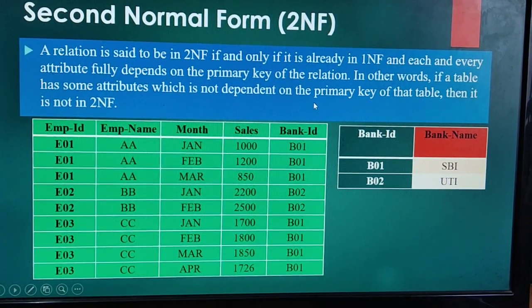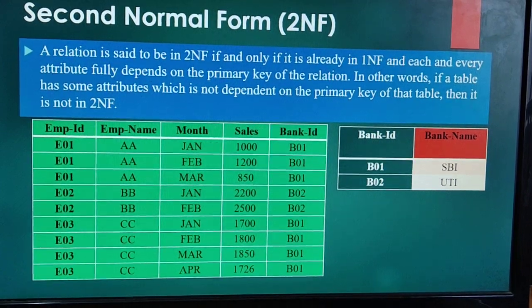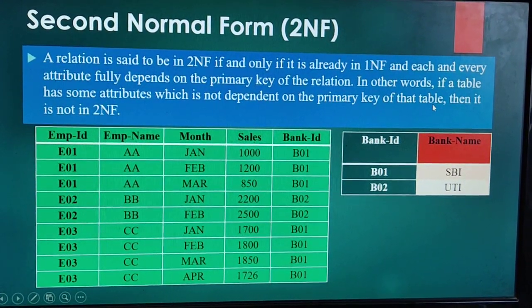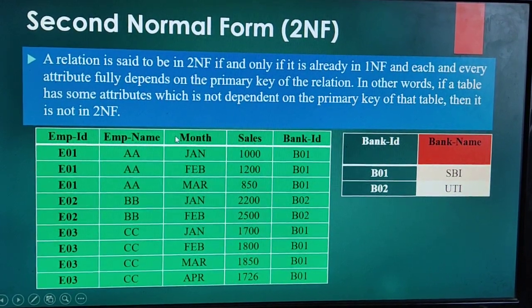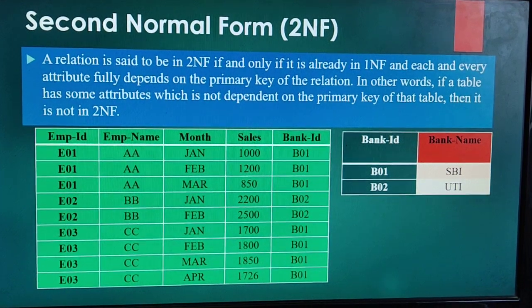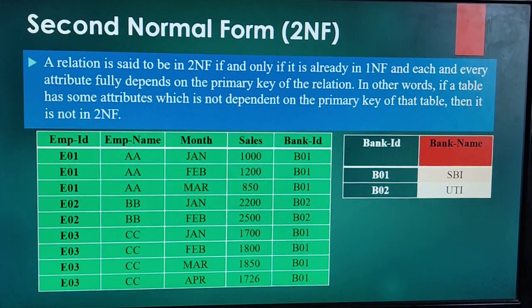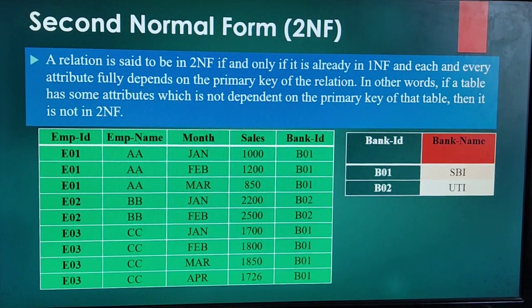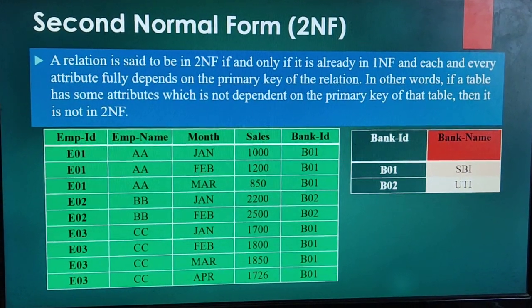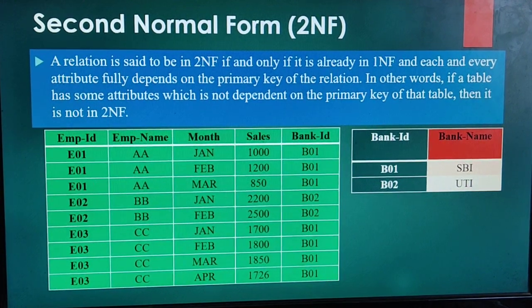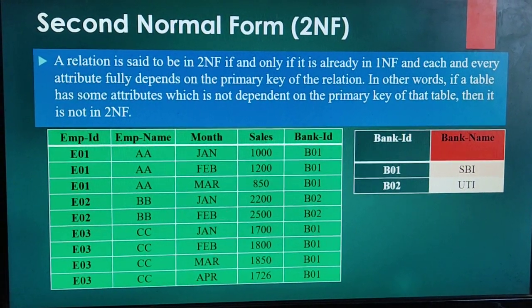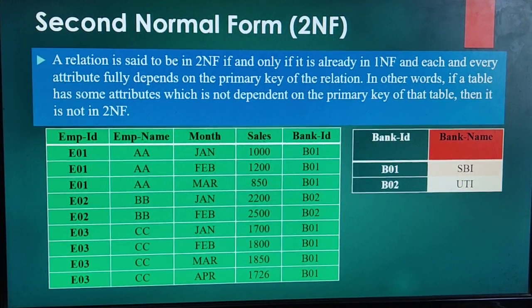In other words, if a table has some attributes which are not dependent on the primary key of the table, then it is not in second NF. So to satisfy second NF, a relation must clear these anomalies, these problems: the primary key and dependency.